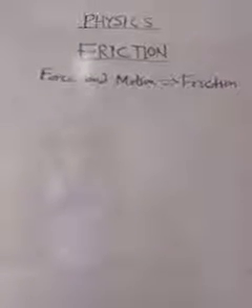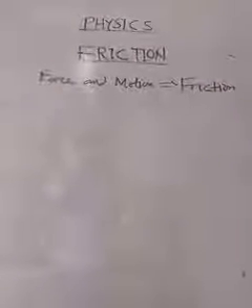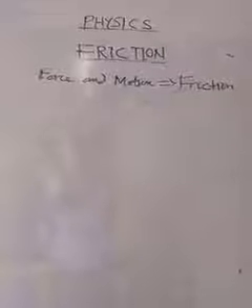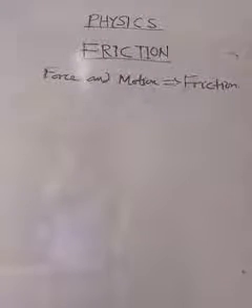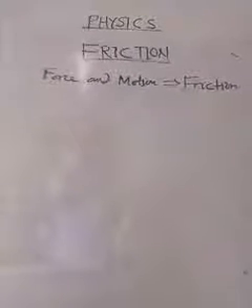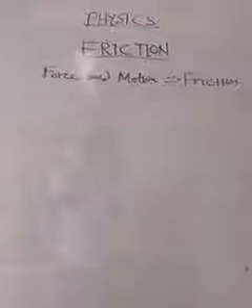When one moves, friction will take place. It shows that a body cannot move without force. That is why one of the agents that causes motion is force. When there is force, a body will move.